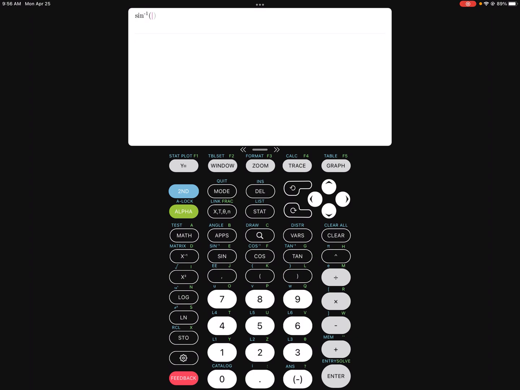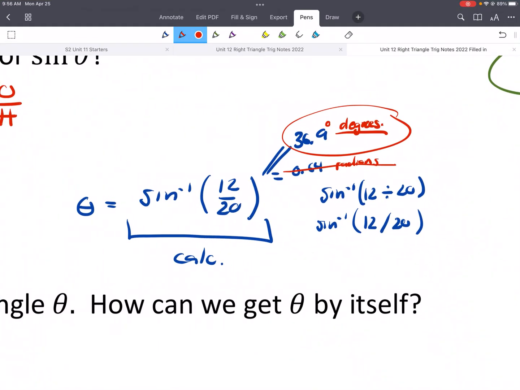So second sine inverse of 12 divided by 20, and it gave me that 36.9 that we were looking for.